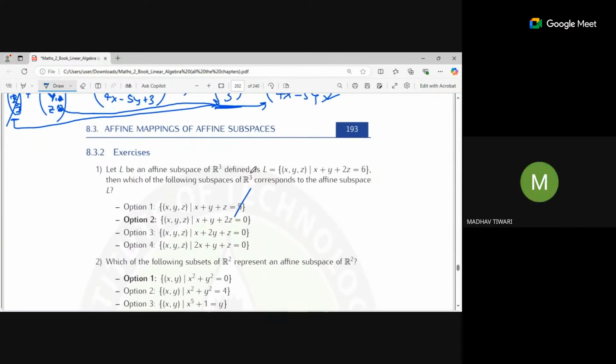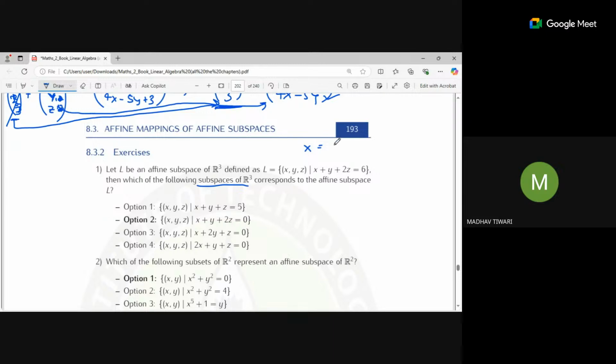Here you can see one more example is given. It is asking for the corresponding subspace of R3 that is related to this affine subspace. So we have x, y, z in this form. I can remove one of the variables. Suppose I am removing x.